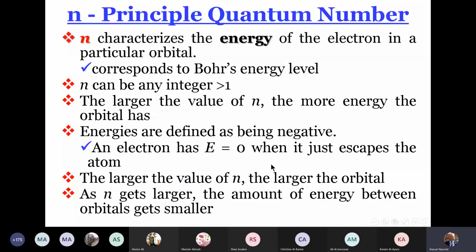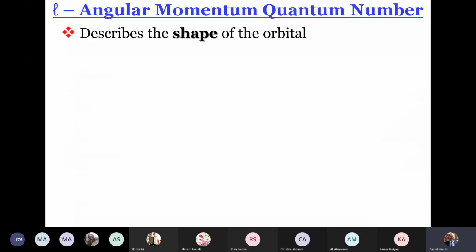My question: what is the motion of this electron on level 1? Or in other words, what is the shape of the points obtained where the probability to find this electron at level 1 is maximum? So L describes the shape of the orbital, or the shape of the points where the probability to locate this electron is maximum. The value of L depends on the value of N.